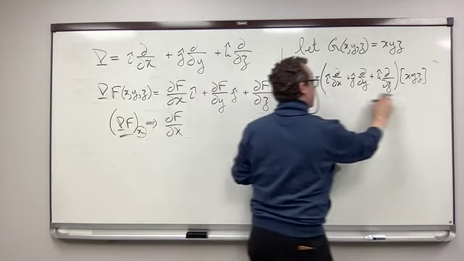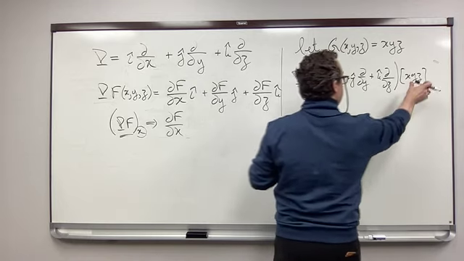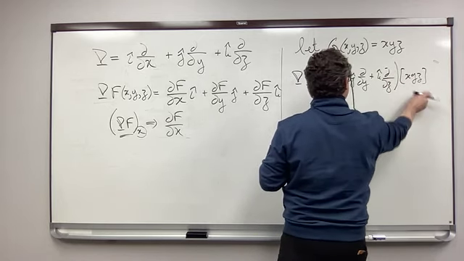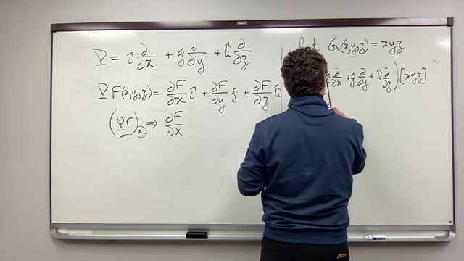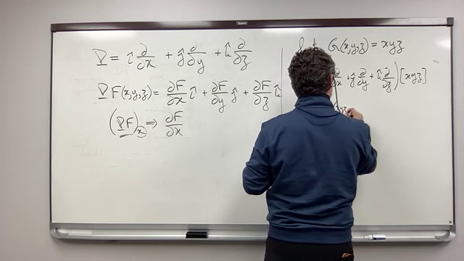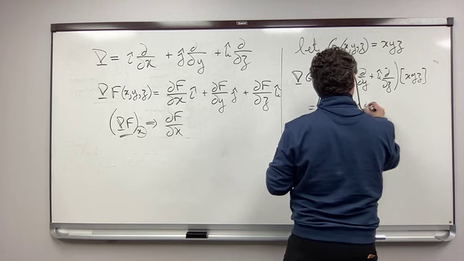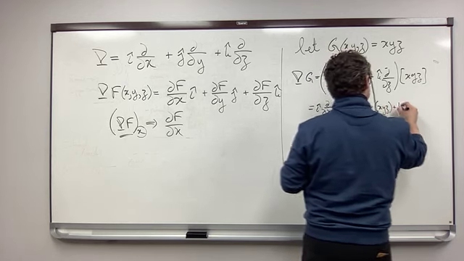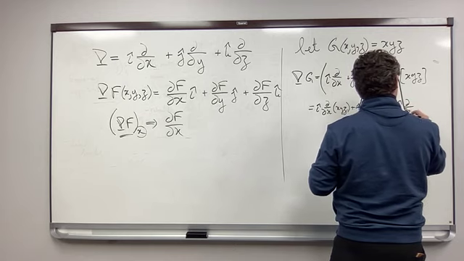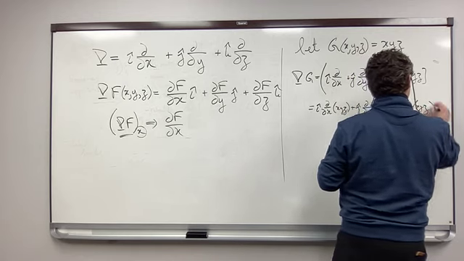So this is the operator operating on this function. And then you just bring it in, so this would become i ∂/∂x of xyz plus j ∂/∂y of xyz plus k, derivative with respect to z, of xyz.